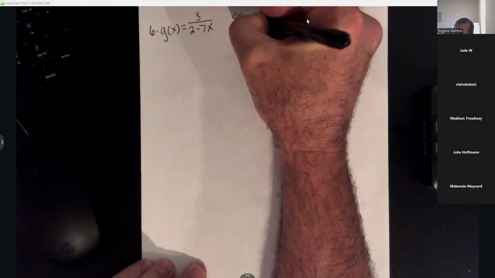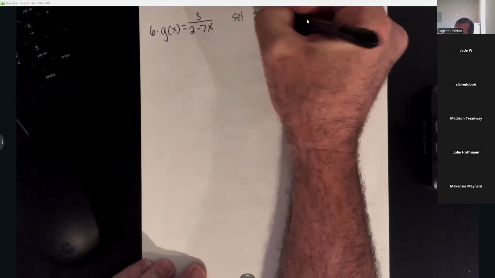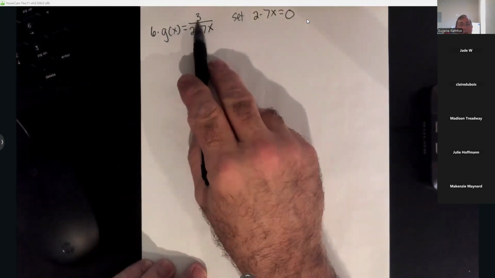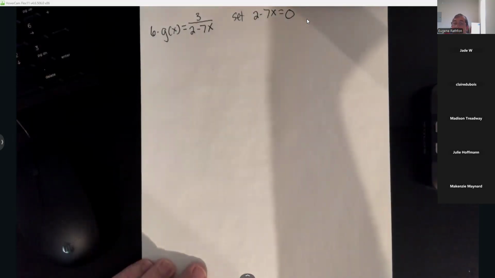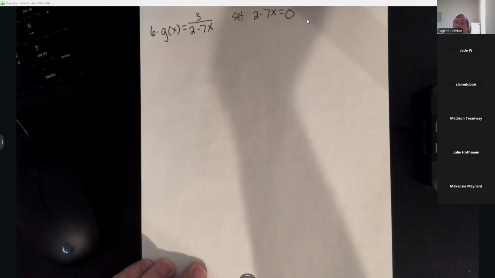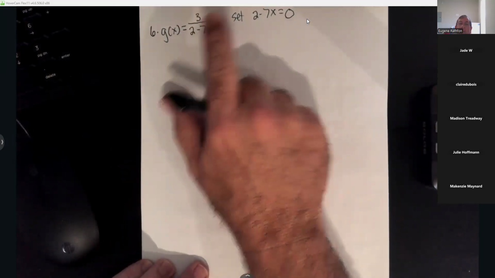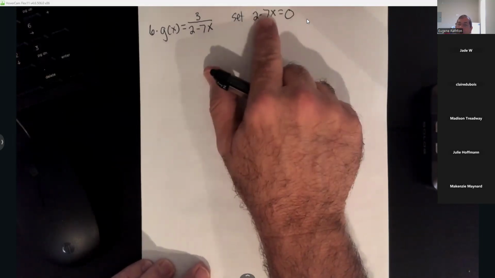So I'm going to set the 2 minus 7x equal to 0. Now notice, I do not care about what's on top of the fractions. The fraction on top, it can be 0. It can be any number. The only restrictions are these denominators, okay? So that's why I'm only playing with the bottom.